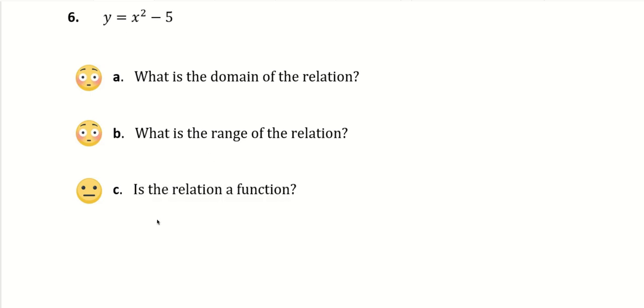This question, I don't know what that emoji usually means, but it's still not easy. Remember, a function is when for every x you input, there's only going to be one value of y that goes with it. So if you plugged in any number for x, pick any number, it doesn't matter, is there any number that, if you plugged it in, y could end up equaling more than one answer?